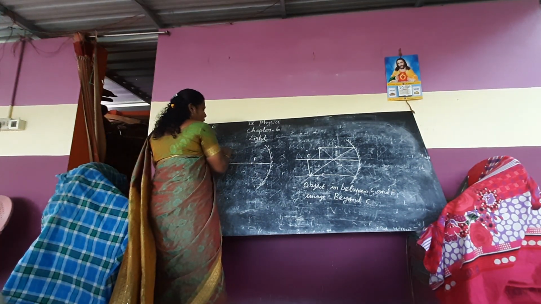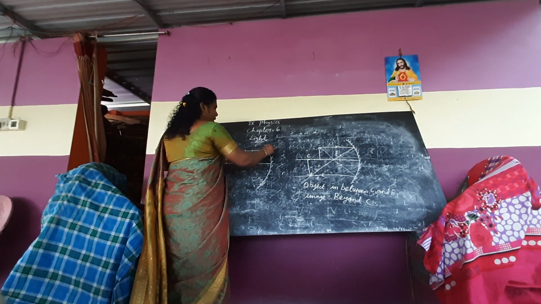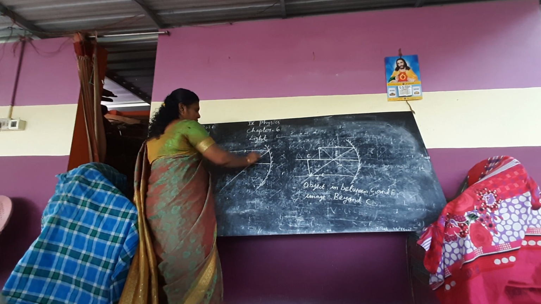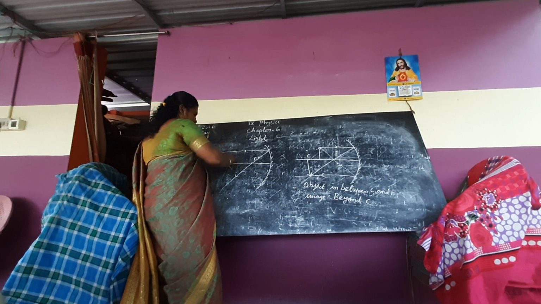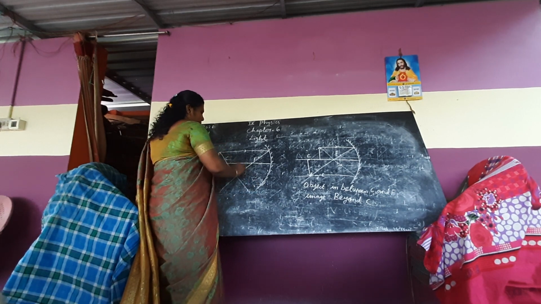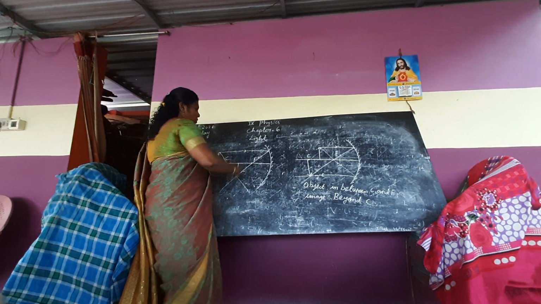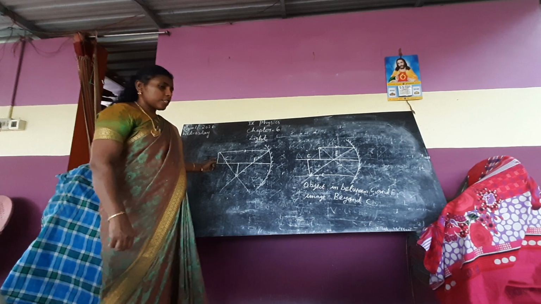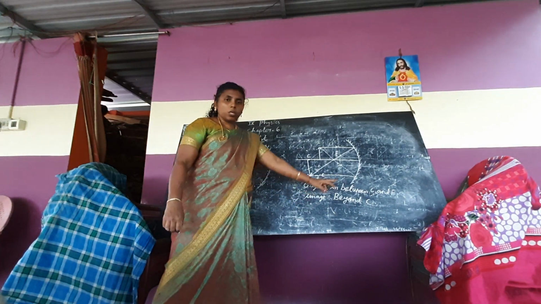First from the object draw a line, the incident ray, and it passes through the principal focus. So an arrow mark like this. Then another ray passes through the center of curvature. And here you will get the image. So the image is between C and F, and the object is beyond C.